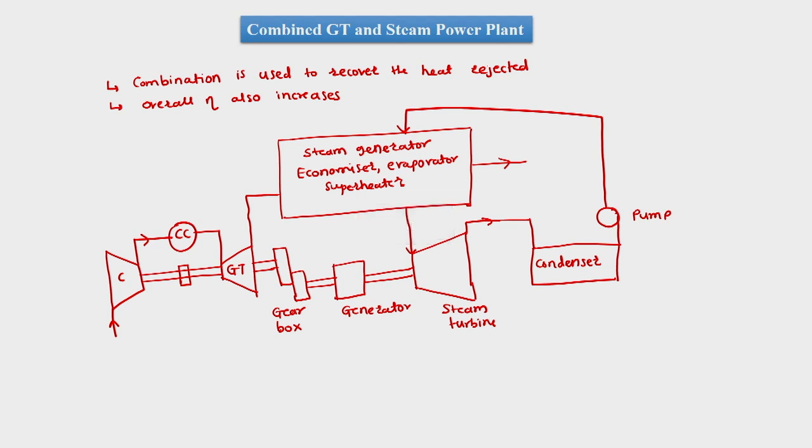Having said this, now we will compare the two power plants, which are the steam power plant and the gas power plant. We know that the first difference between steam and gas power plant would be based upon the working medium. So here we will write about the steam power plant, and here we will write about the gas turbine power plant.